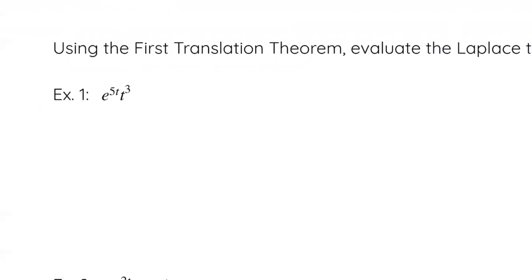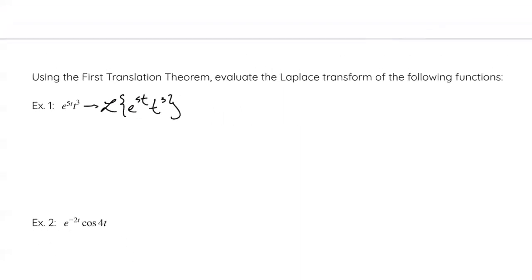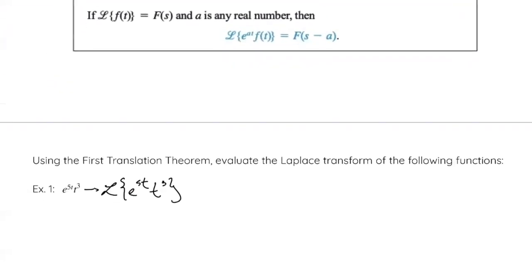And so let's begin. Our question is saying, let's find the Laplace transform of e to the 5t times t cubed, okay? And so we can see in this case that this is very similar to what we saw in this first translation theorem, right? In particular, we have this e to the 5t, which is like our e to the at.